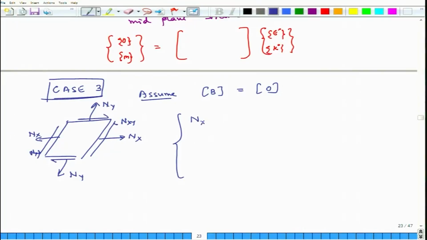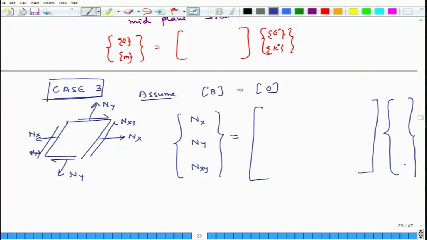So, the equation will be Nx, Ny, Nxy, and that equals the matrix with A11, A12, A16, A12, A22, A26, A16, A26 and A66, multiplying epsilon x naught, epsilon y naught, gamma xy naught.